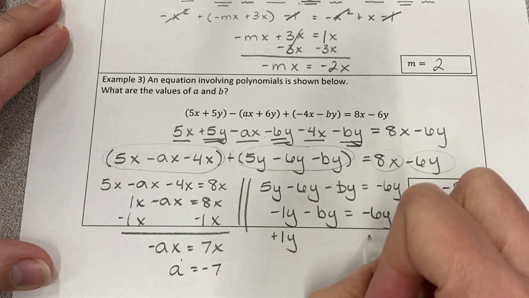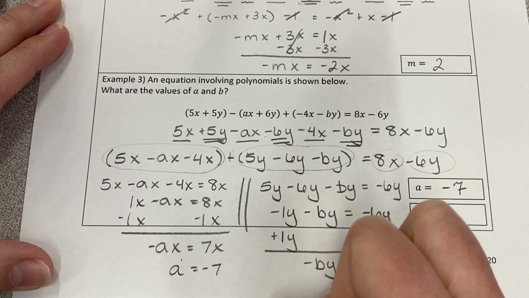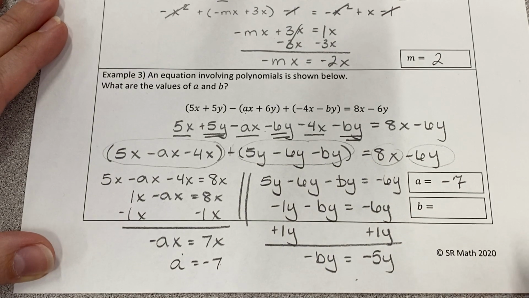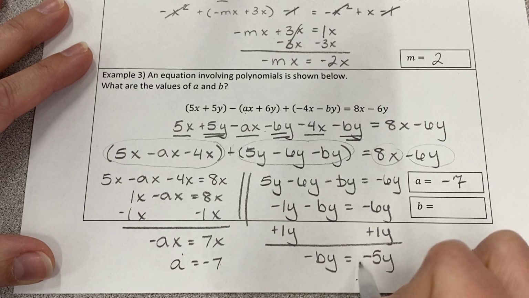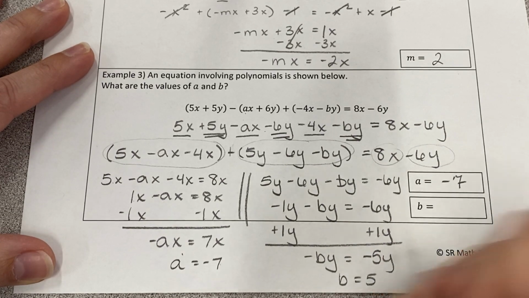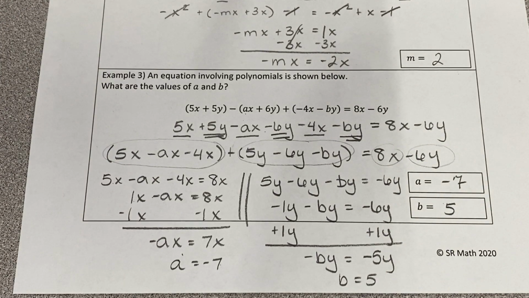Add 1y to both sides. So negative b is equal to negative 5y. So if negative b is equal to negative 5, then positive b is equal to positive 5. Divide both sides by negative 1. So negative 7 and positive 5. Okay.